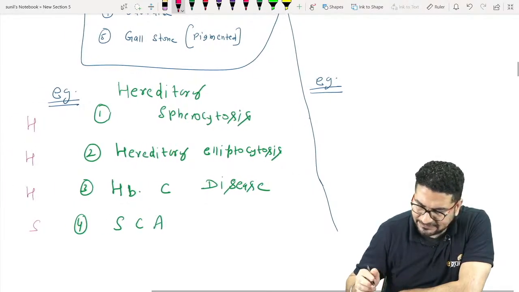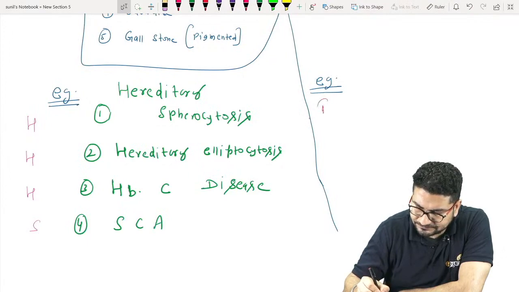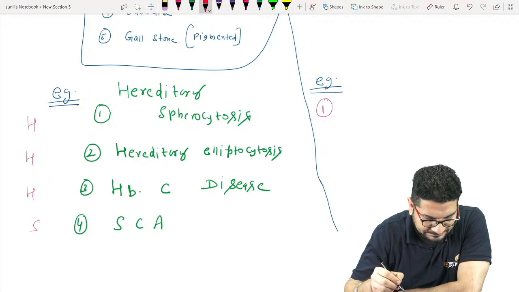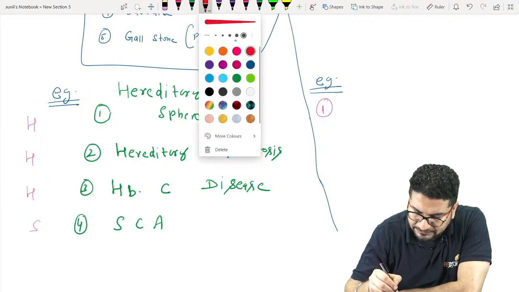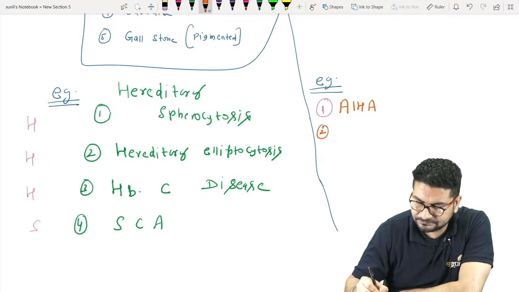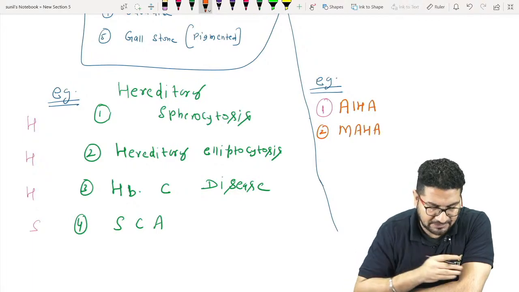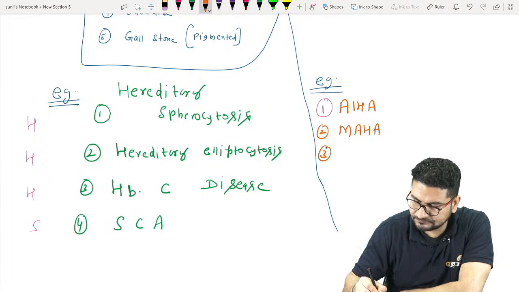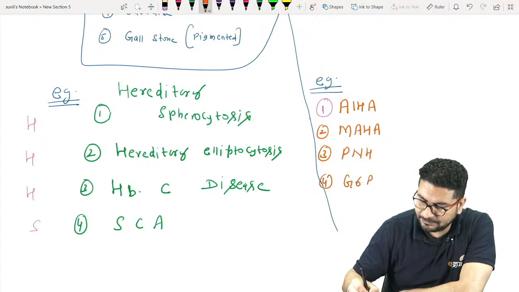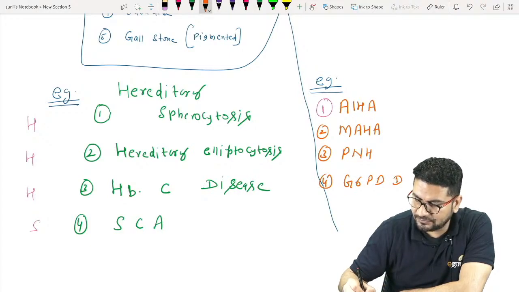If I say examples of diseases with intravascular hemolysis, you will see it in autoimmune hemolytic anemia, microangiopathic hemolytic anemia (MAHA), paroxysmal nocturnal hemoglobinuria, and G6PD (glucose 6-phosphate dehydrogenase) deficiency anemia.